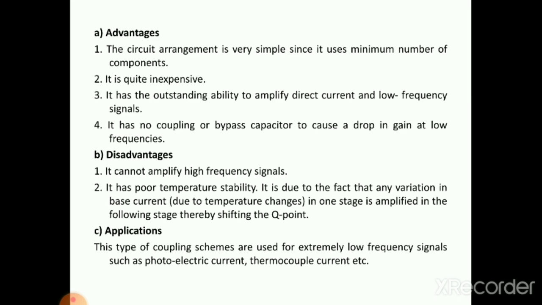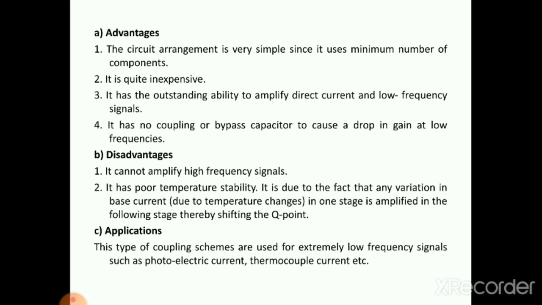This is the most important point here, because in the CE amplifier, if you use an emitter bypass capacitor across the emitter resistance RE, that causes the low frequency cutoff. But in this circuit, we don't use any bypass capacitors, so there is no low frequency cutoff.